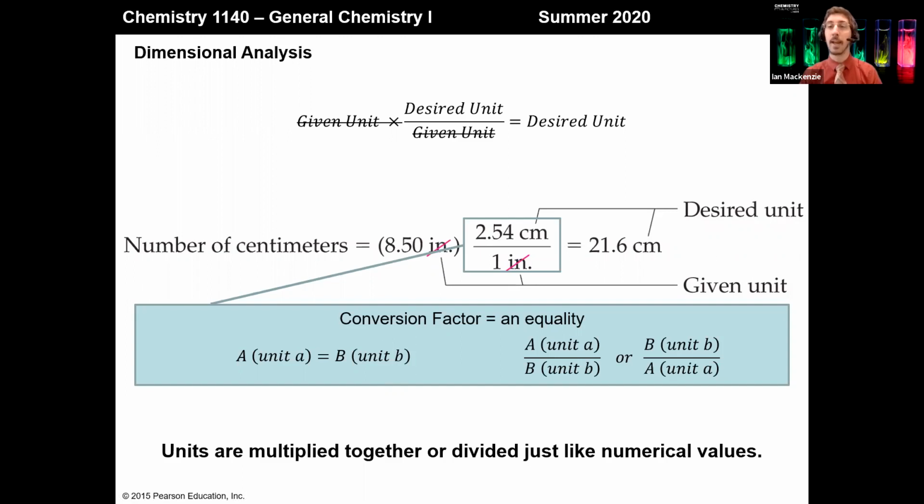I can write it with the A unit on top, or with the A unit on bottom. Whether it's the number of seconds in a minute, the number of feet in a mile, or the number of centimeters in an inch, any equality can be written as a conversion factor. And I will write it in such a way as to cancel the units that I do not want and leave me with the units that I want.